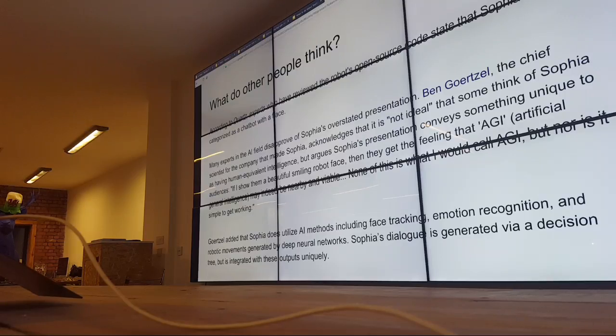And as a result, many experts think that Sophia is actually really bad because it's giving people who don't know much about AI the wrong impression. It's giving people the impression that we're much further advanced than we actually are, and that we are creating humanoid robots, like you see on the television.